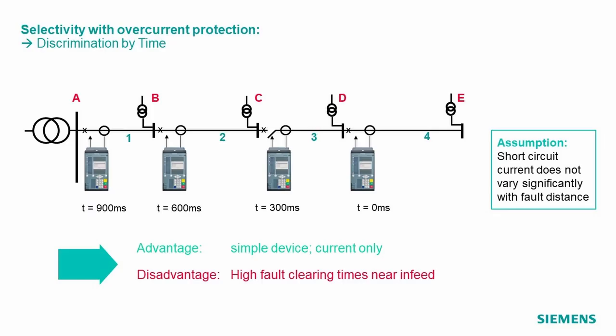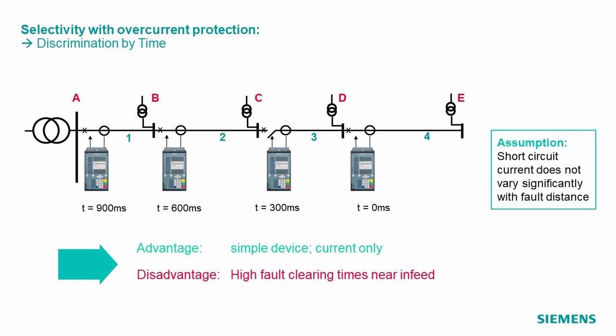So selectivity is there. The advantage is that it is a very simple logic. The disadvantage, and that is a significant disadvantage, is that we have pretty high fault clearing times near the infeed. Imagine we have a short circuit on cable number 1, then only the relay at substation A sees the fault, but it doesn't know that it is on its own line.